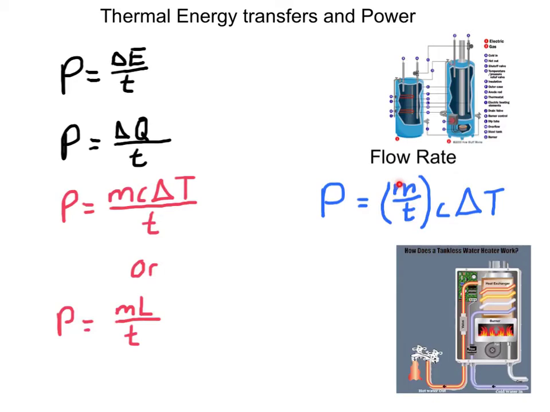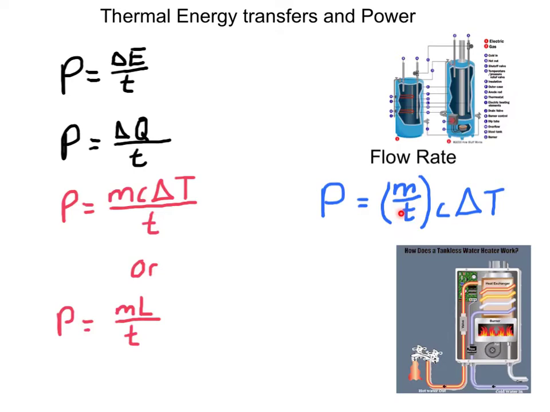But that's fine. That's a perfectly legal flow rate, and it's really easy if you're just dealing with water to convert from kilograms per second to a volume per second, because remember 1 kilogram of water has a volume of 1 liter. So mass per second, if we're dealing with water, is also liters per second.